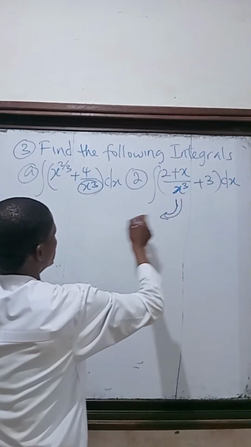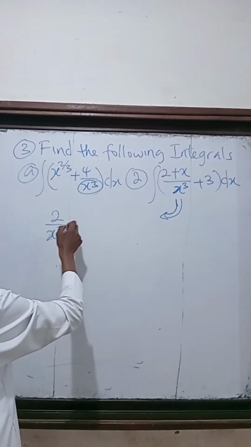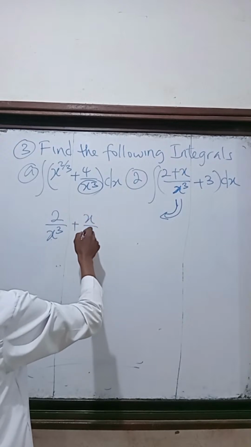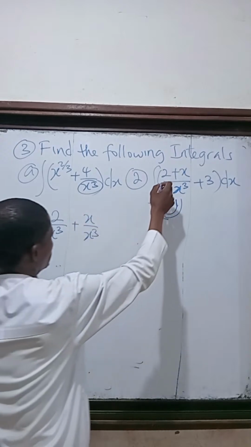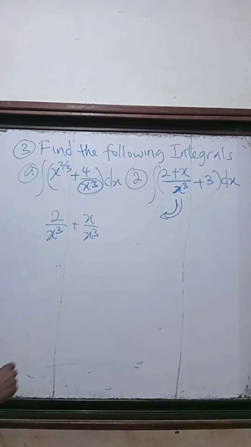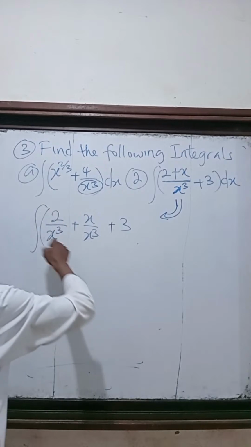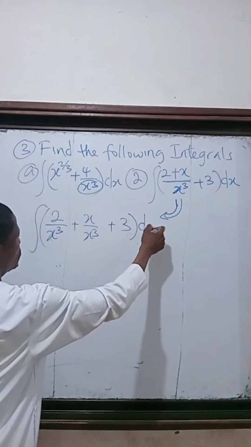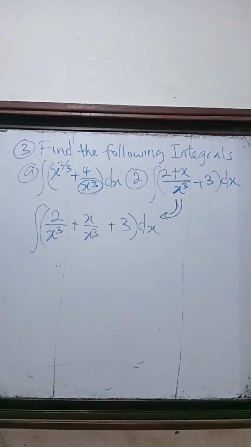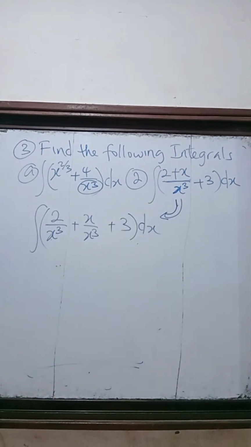This one is equal to 2 over x cubed plus x over x cubed. That's the meaning of this fraction. Okay, and then plus 3. So that's the first thing to do.